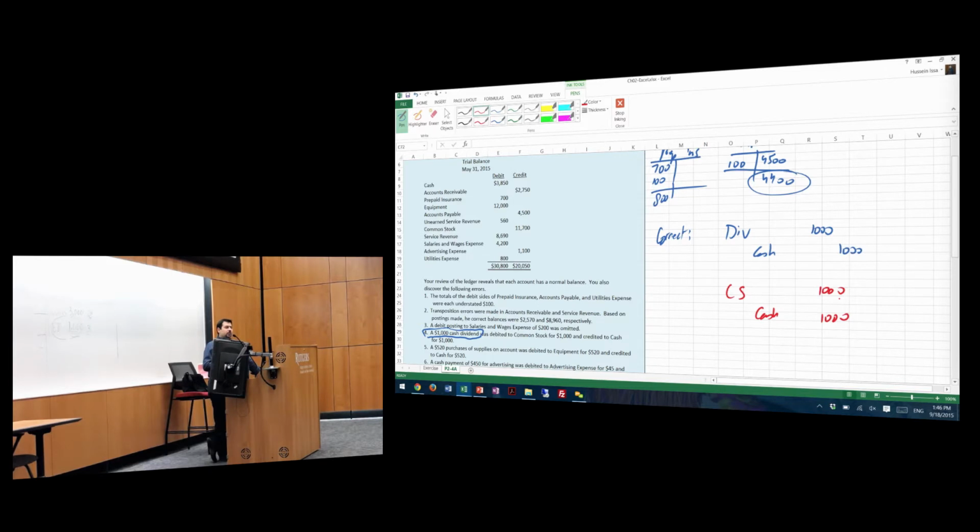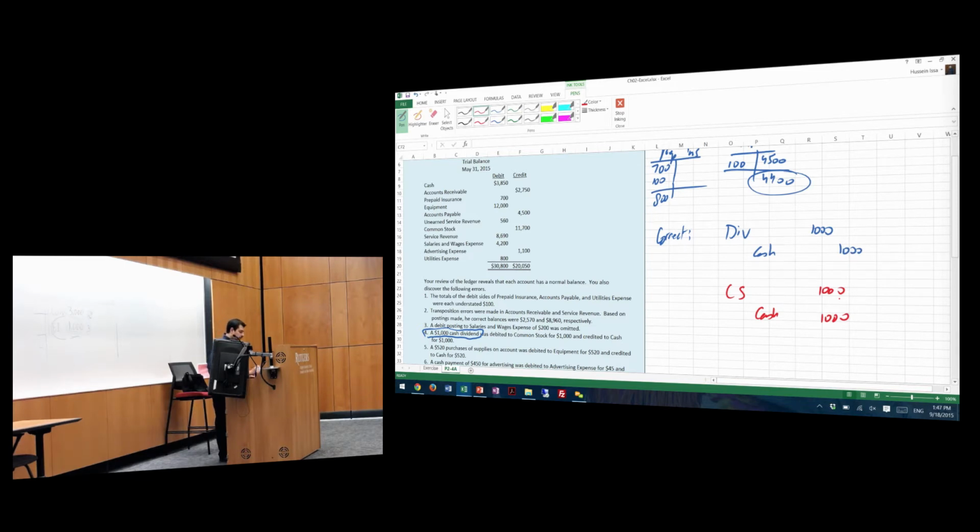Or you can just do it directly and correct only, for example, common stock. How do you cancel a certain transaction? You enter the opposite. Yes, you would then credit common stock for $1,000. Exactly. So if you want to correct a certain entry, common stock was debited $1,000, you want to cancel that one, you credit $1,000.